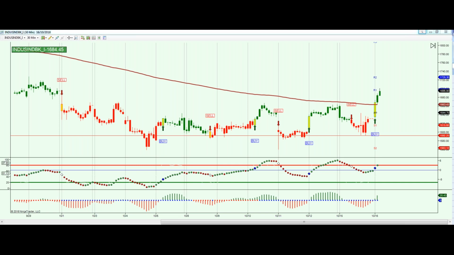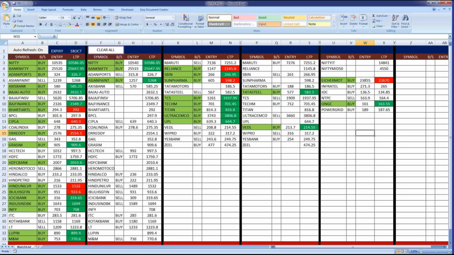Let me just come into the Excel file. Here the first column is your short-term prices, that is on a 10-minute chart, and the next is the long-term basis, that is a 30-minute chart.